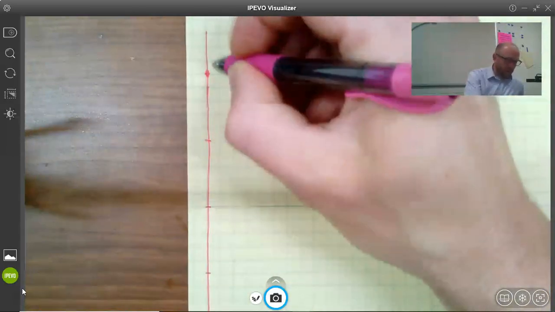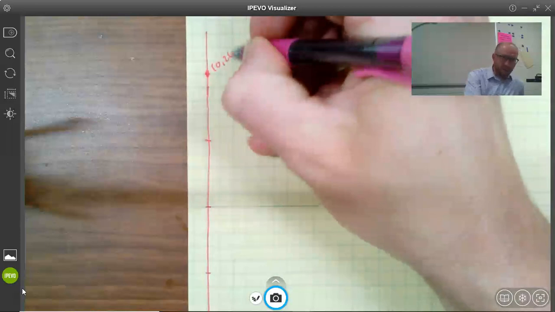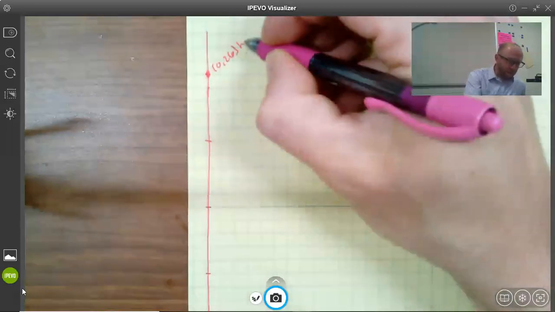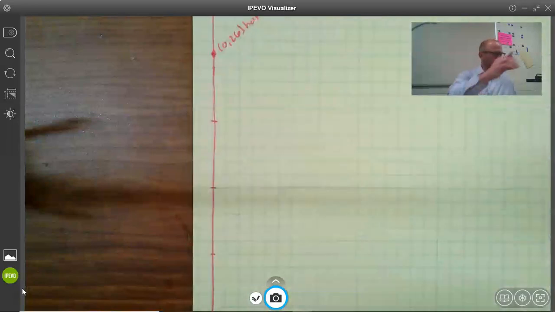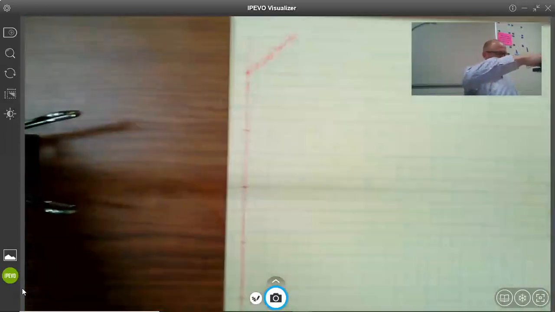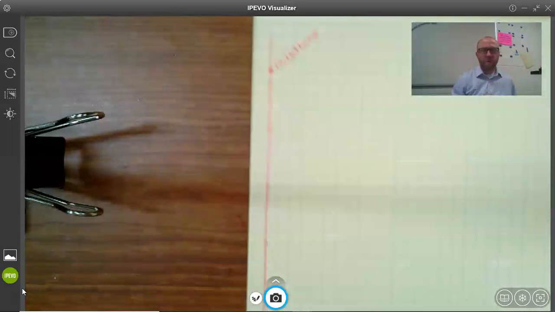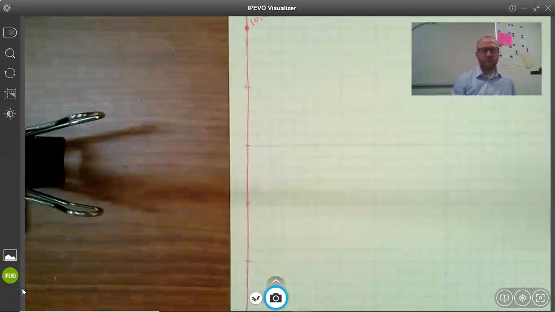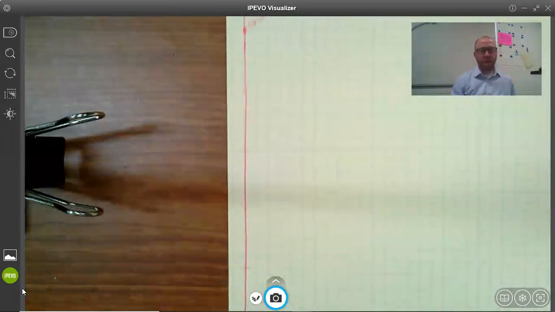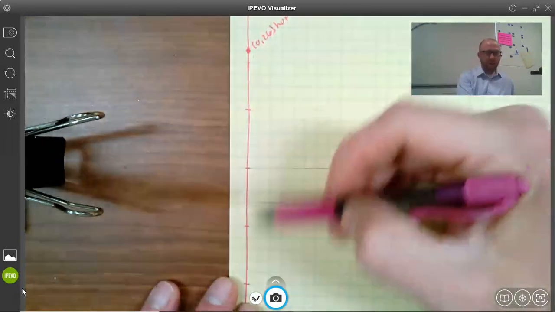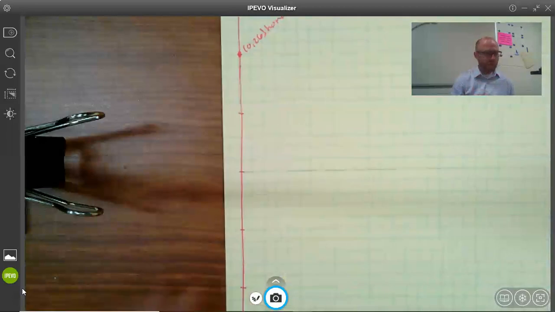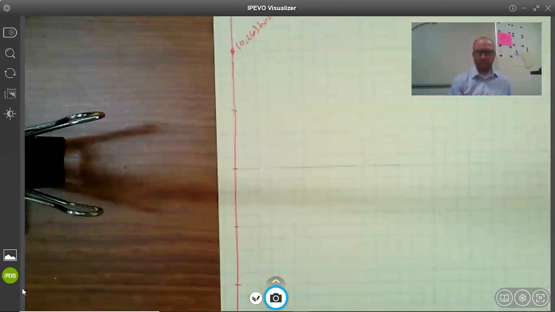Here is his home at (0, 26). Let me adjust this to get everything on the screen. That should be good. The graph is big. So here he is at home, and we're going to be traveling south.